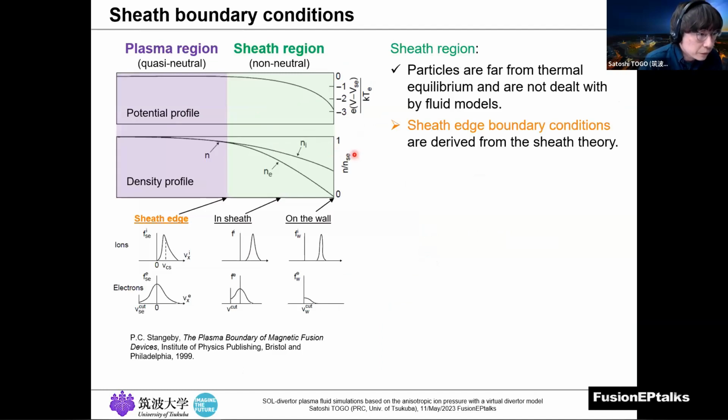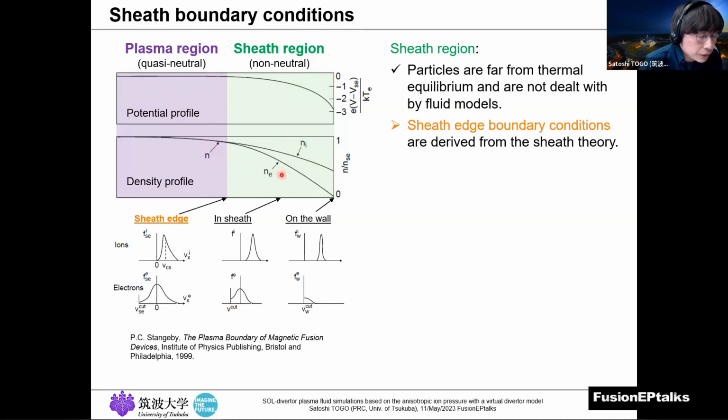The other element that we focus on is the treatment of the sheath boundary conditions. Here we show images of the one-dimensional potential profile and the density profile in the vicinity of the divertor plate set at the right edge. As you may already know, a sheath region is created in front of the divertor plate where the ion density is larger than electron density.